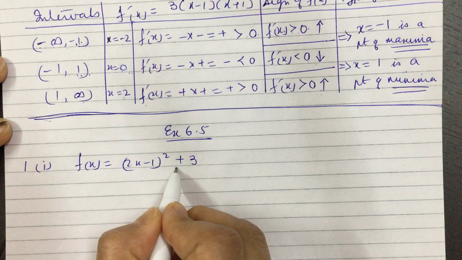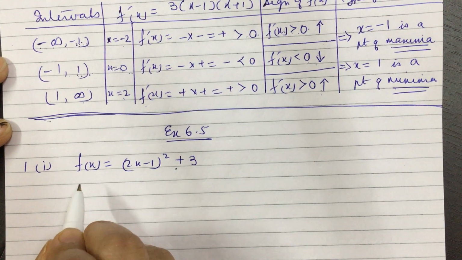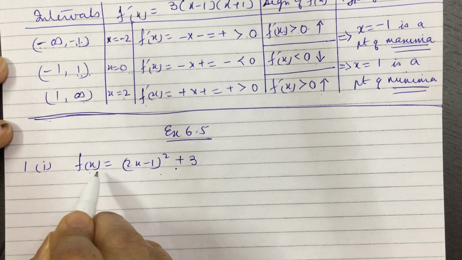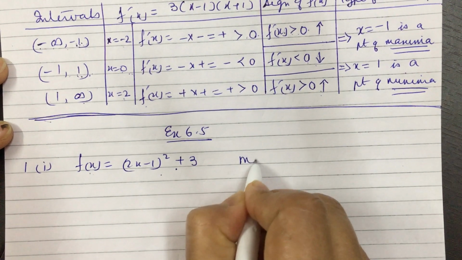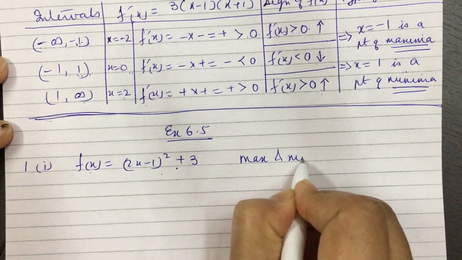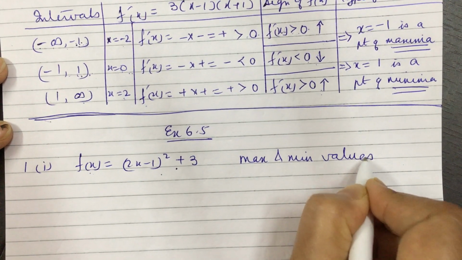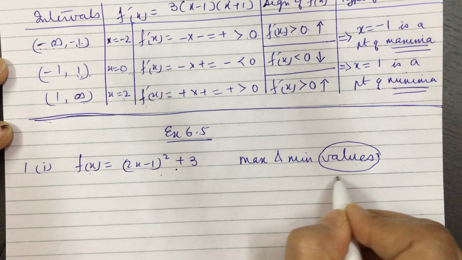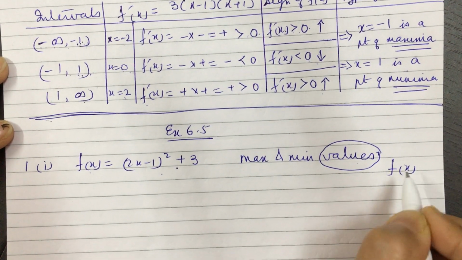We have to find the maximum and minimum values, meaning values of the function, not the point. Whenever we talk about values, we talk about the value of f(x).